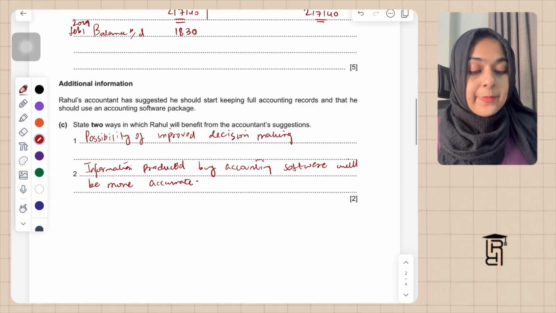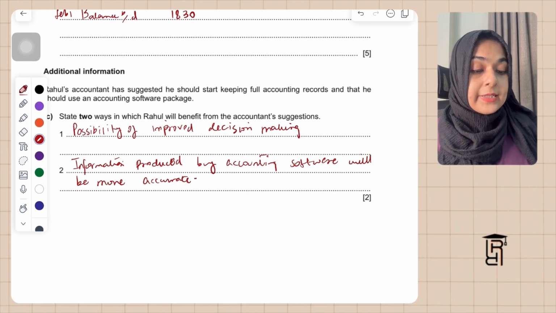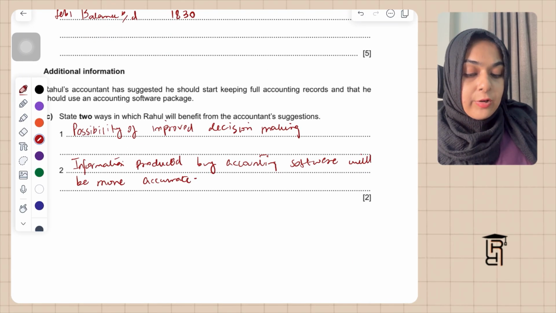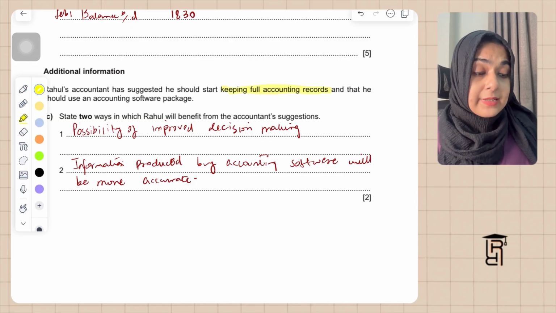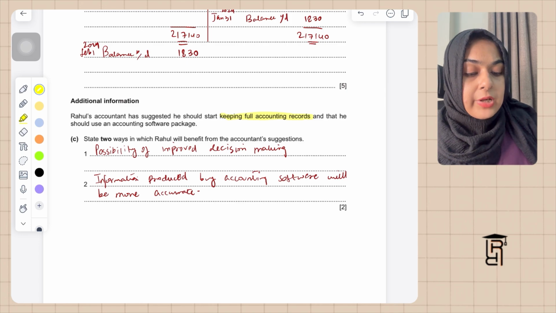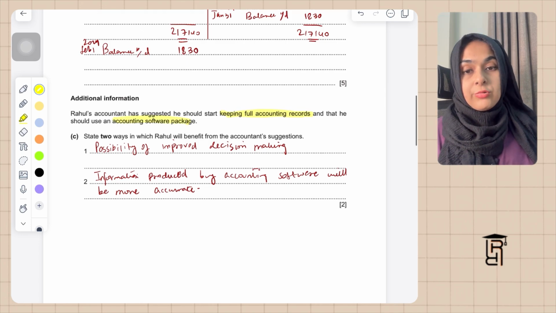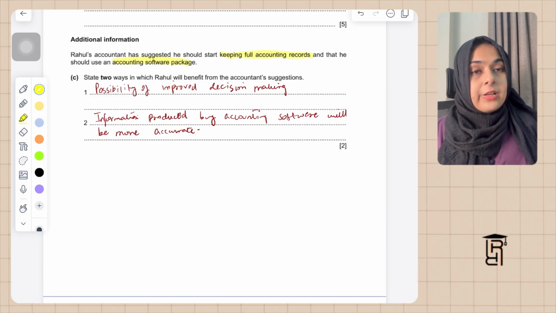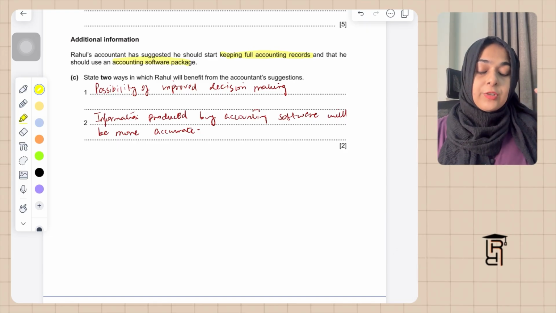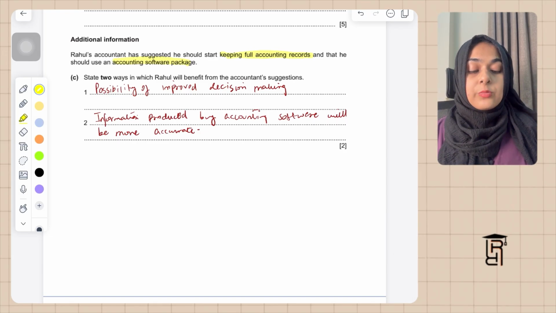In the next part, they're saying Rahul's accountant has suggested that he should start keeping full accounting records, and that he should use an accounting software package. It's always good to use a software package. You guys know this very well, that if there is technology, we should make use of technology and try to make our work easy.